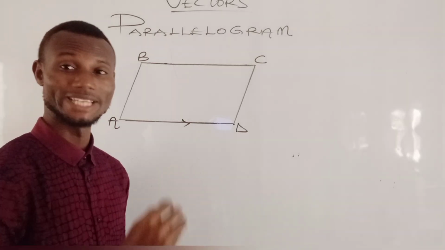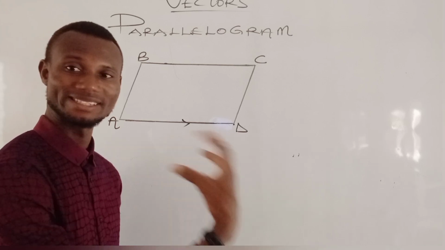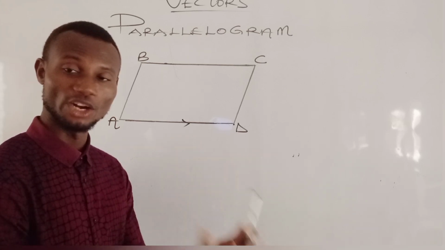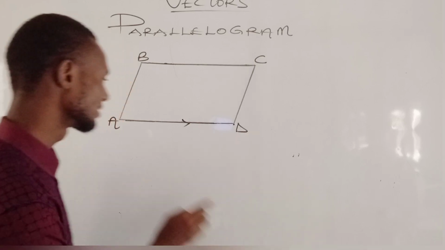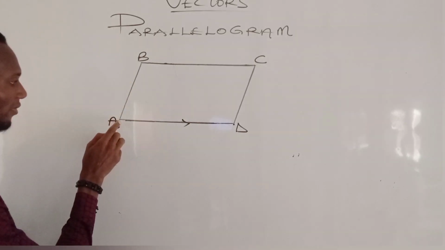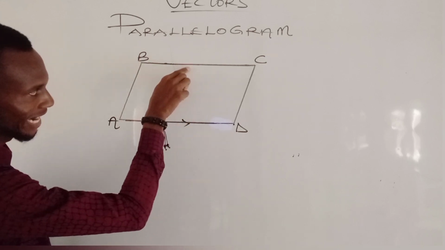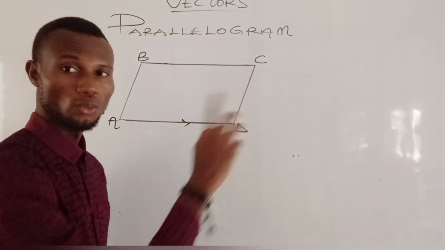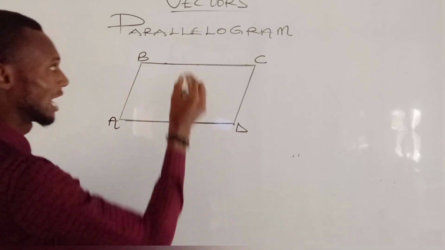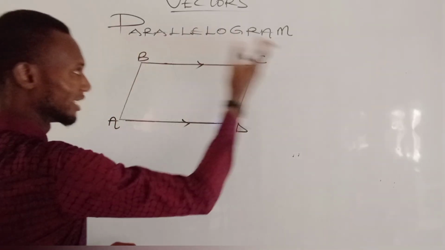But I've established that the opposite sides of a parallelogram need to move in the same direction, meaning that me choosing to move from A to D means when I come to the opposite side, I'm supposed to also move from B to C, which is very important. So I have the vector BC.